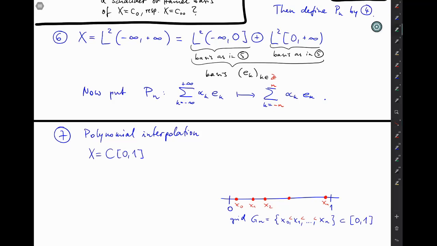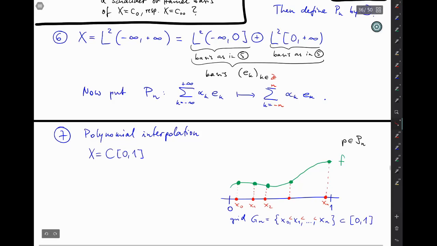Now take a continuous function f from our space X and look at the function values of f at our grid points. And now, because we call it polynomial interpolation, we are looking for a polynomial, let's say little p, of degree at most n, which is the same n that is enumerating our grid, so that p passes through these same green points as f does.